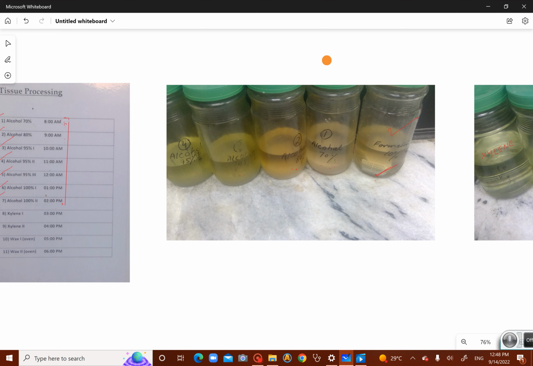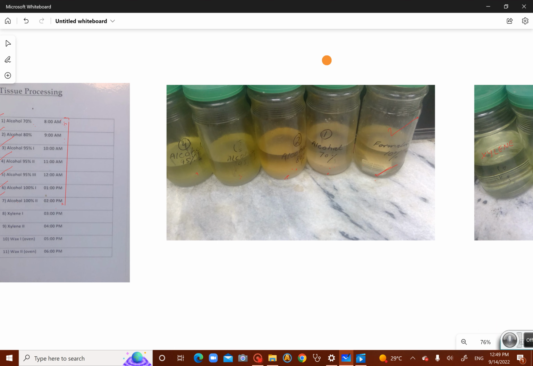These cassettes will then be transferred for 1 hour into 70% alcohol, another 1 hour in 80% alcohol, the next 1 hour in 95% alcohol, and then 95%, and this will go into the next 100% alcohol, and this will take time for it to dehydrate.